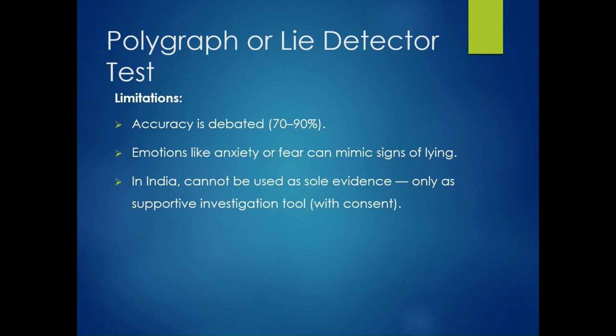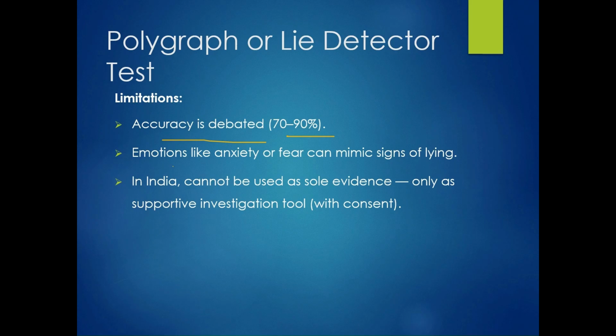Now, a polygraph doesn't detect lies directly. It only detects stress, which may also occur due to anxiety or fear. Because of this, the accuracy of polygraph results is highly debated. It's generally only a 70 to 90% chance that the psychologist or the police officer is actually able to catch that the person is lying.